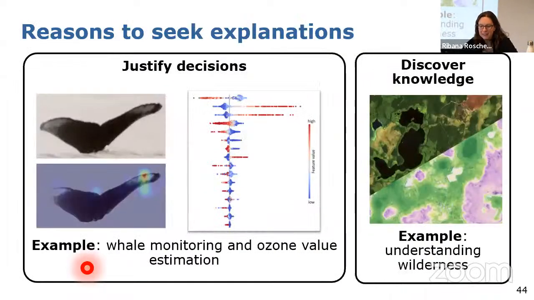Then the second part. I want to have a look at ozone value estimation, which is a nice contrast, because so far I was talking about images and heat maps, but now what about when you have single values and you want to analyze them?